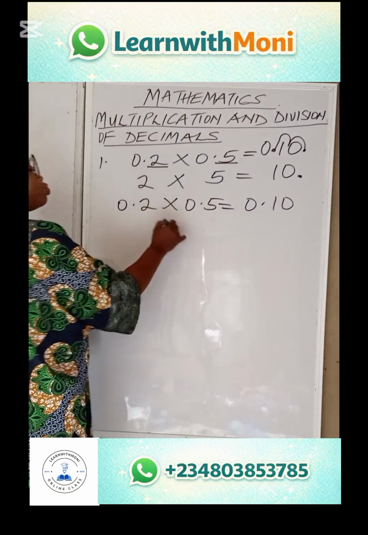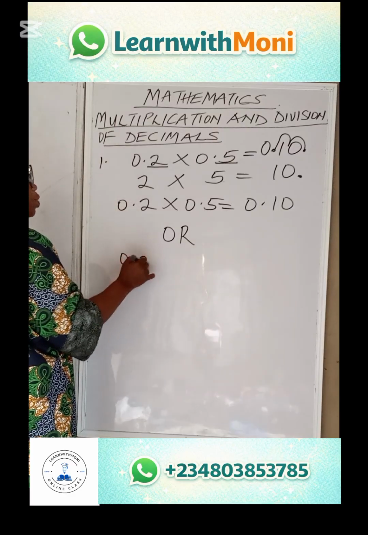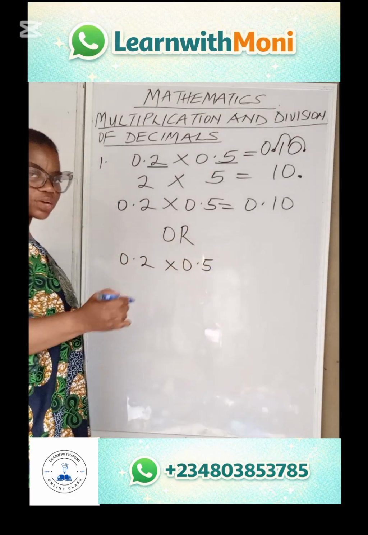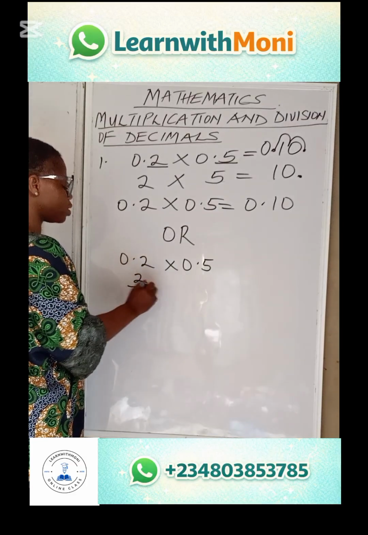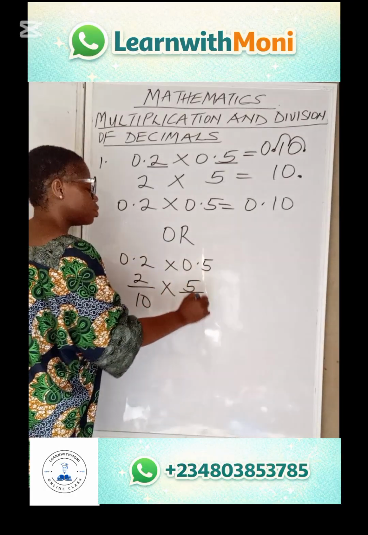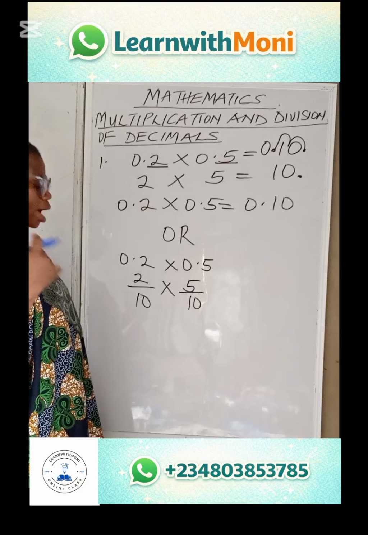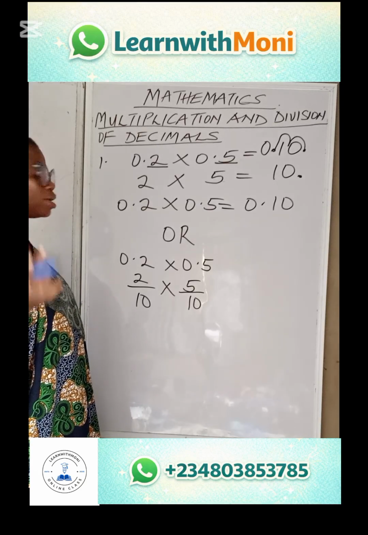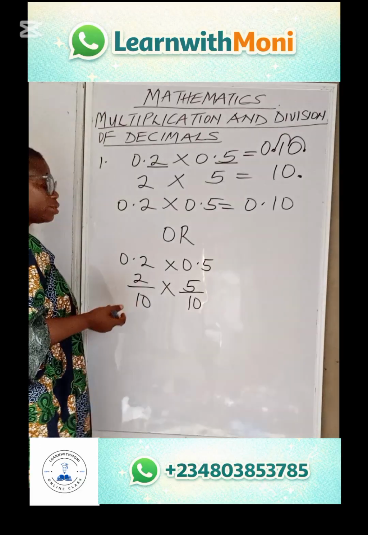Another way to do this, which is the standard way, is having 0.2 times 0.5 and converting each of them to fraction, like I taught you earlier. 0.2 is 2 over 10, and 0.5 is 5 over 10. So we can make numerator multiply numerator and denominator multiply denominator. Let's see that way.